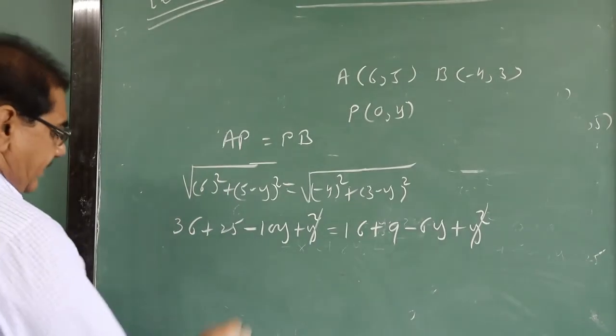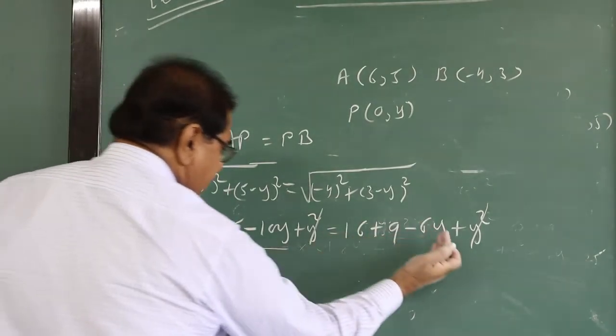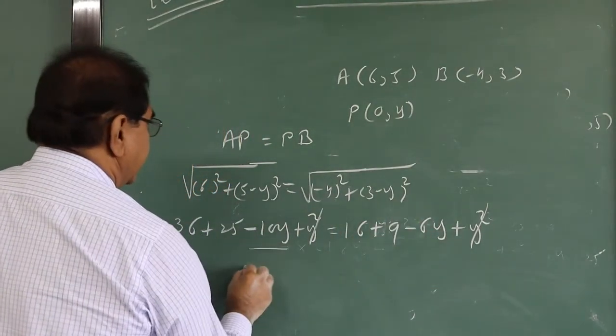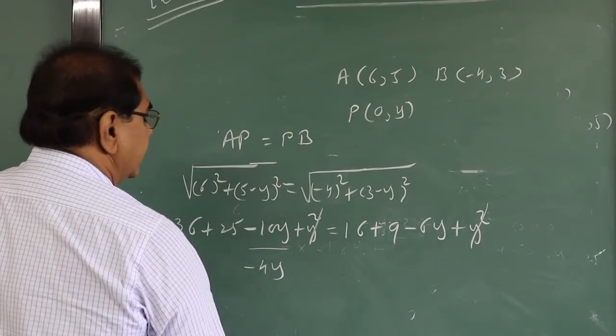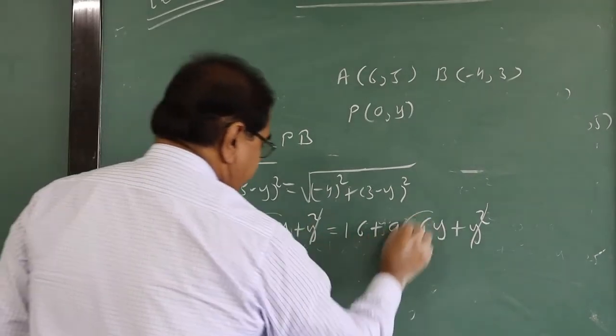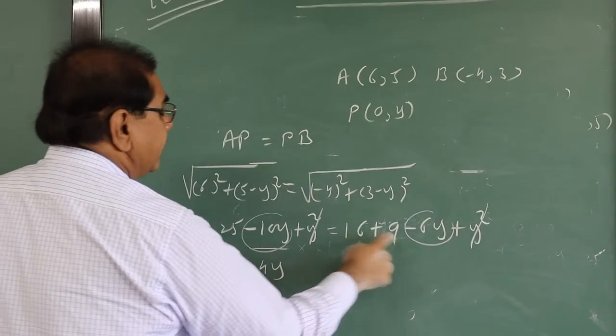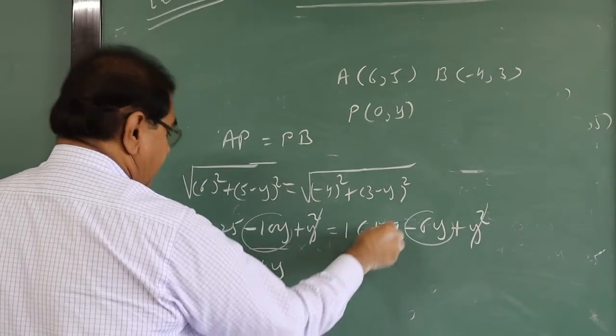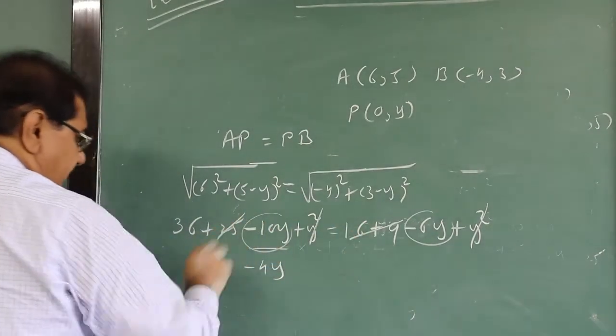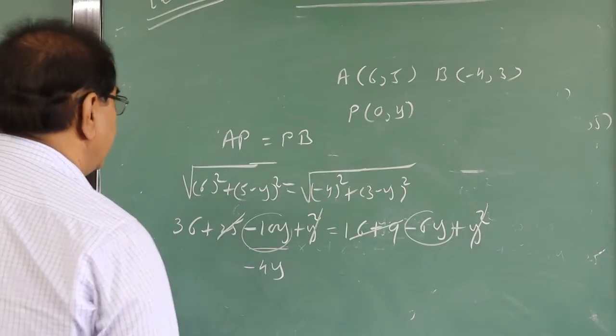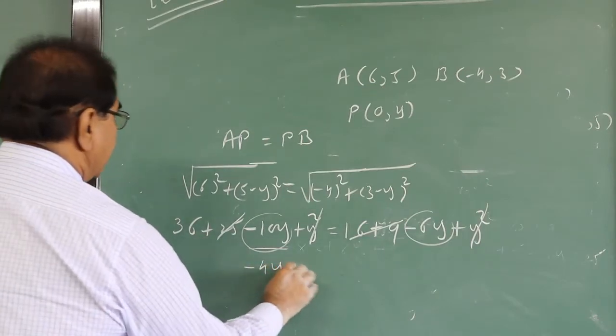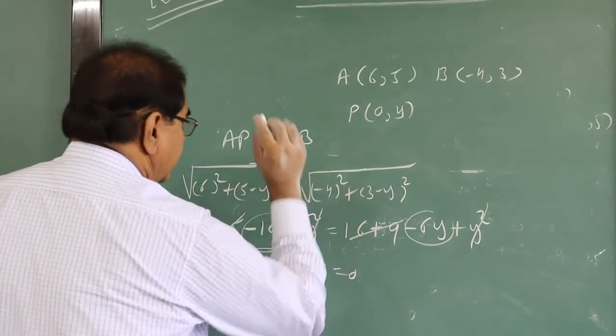Let us check y. Minus 10y plus 6y is minus 4y. Okay, so these two are solved. Now 16 plus 9 is 25. So this 25 and this 25 have the same sign, so from the other side they are gone. So it is plus 36 is equal to 0.